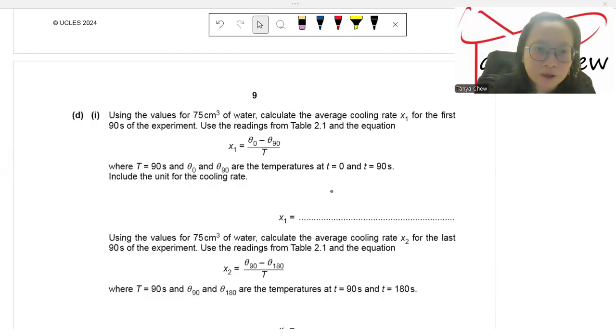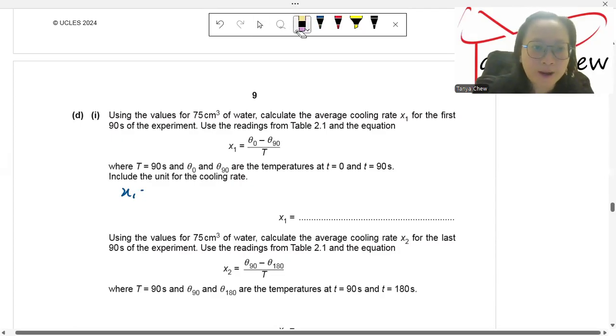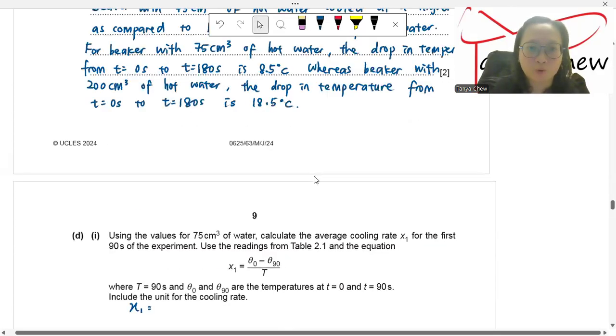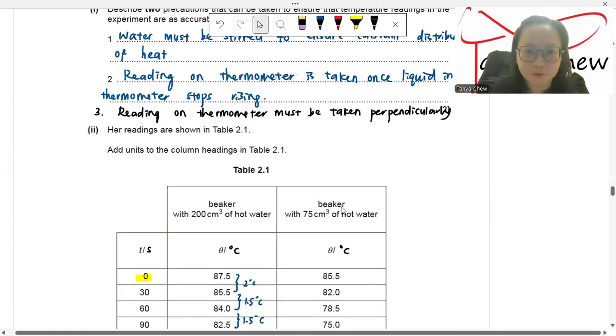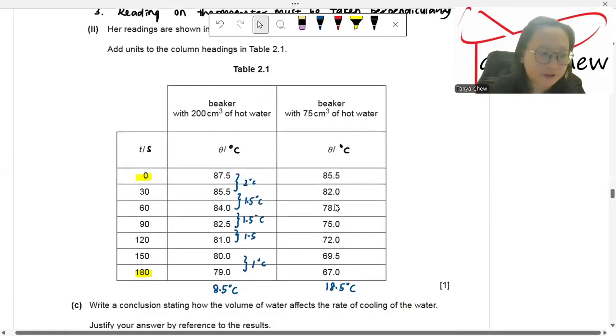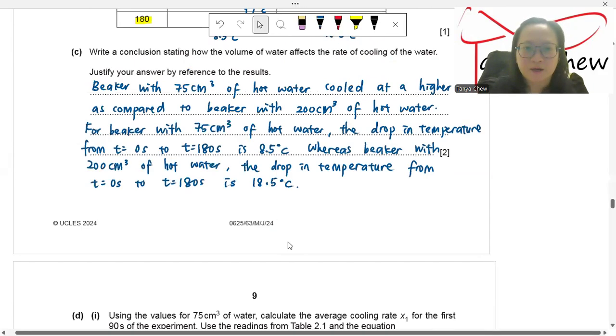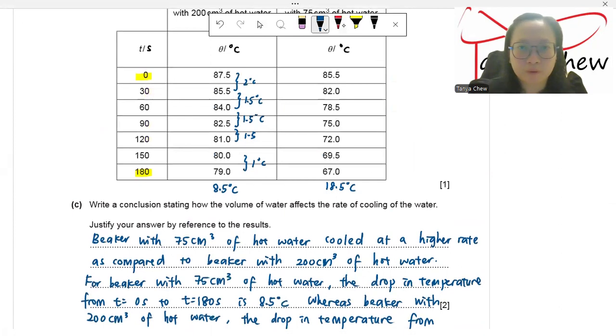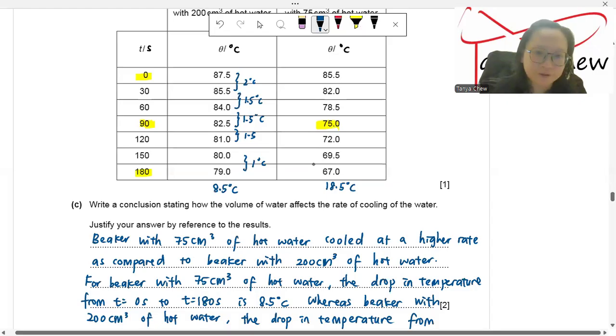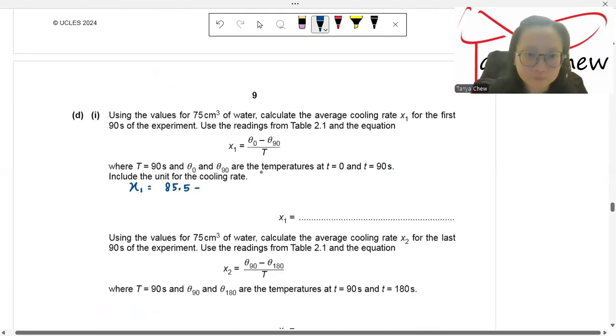Now I'm going to do it. X1 is actually equal to theta 0 for 75 cm cube. So I'm going to look at here. Theta 0 is 85.5. So we have to be extra careful with this kind of question. 85.5 minus theta 90, which is 75, minus 75 divided by t is equal to 90.